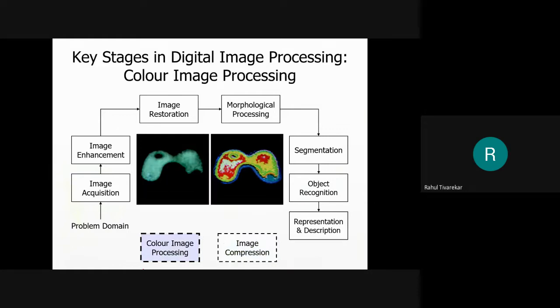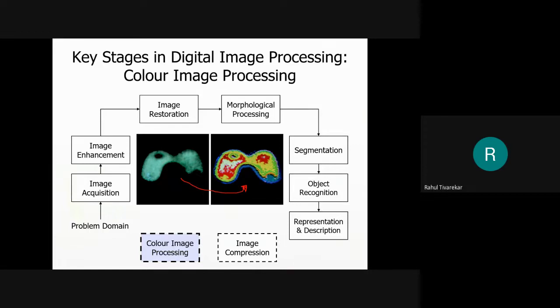And in color image processing, we use same kind of task, but individually we operate on a red, green, and blue color levels. We individually operate on R, G, and B levels. So as you can see here, this is the image which is processed by using color image processing, and you can identify the different levels of heat in the image.